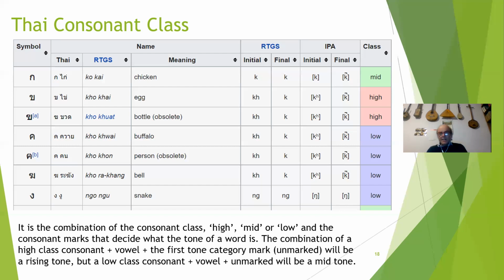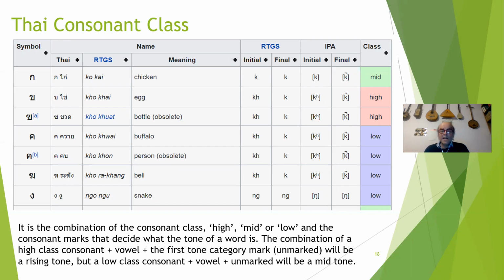Now, this is the part that's a bit tricky, and I'm going to need to talk about this again, I know, but I'm just going to introduce the idea today. In Bangkok Thai, the way that you find out what tone to pronounce the word is to combine the tone mark or lack of a tone mark with the class of consonant that the first letter is.